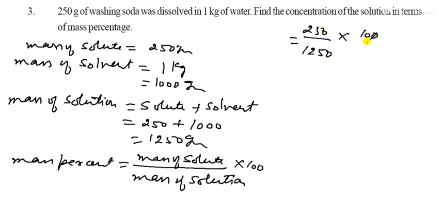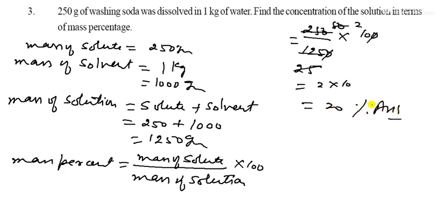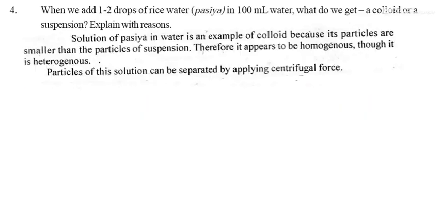So what will happen? 0 cancels with 0, 5 fives are 25, 5 twos are 10, and 25 twos are 50. So 2 into 10 becomes 20 percent. So that is the answer to your question. Now come to this one.